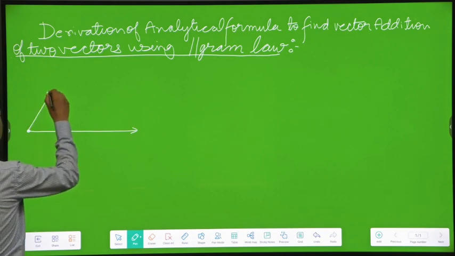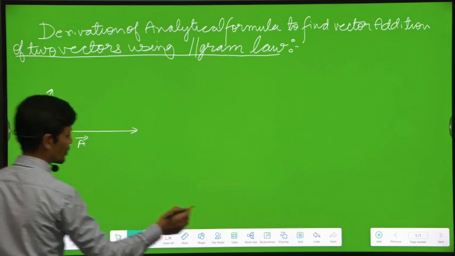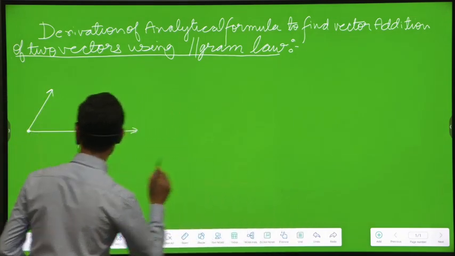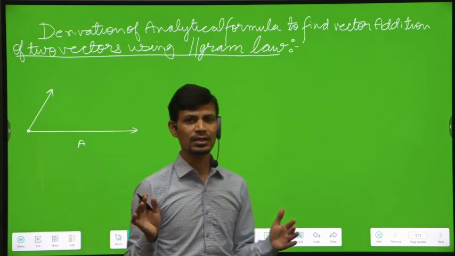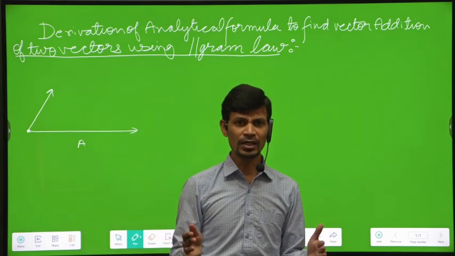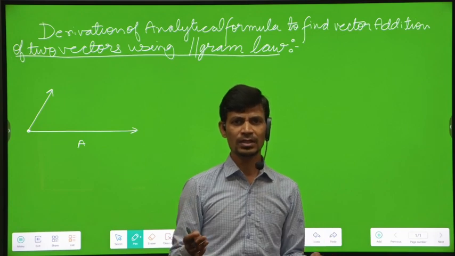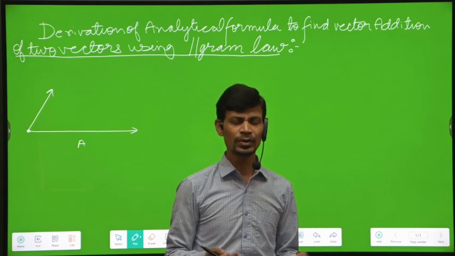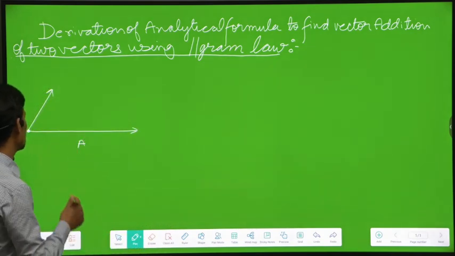Let us suppose these are two vectors. Right now I am writing their magnitudes only because I am taking this situation completely geometrically. So for me, A is just a number, just a length, and that is why I am not putting a vector sign over here.